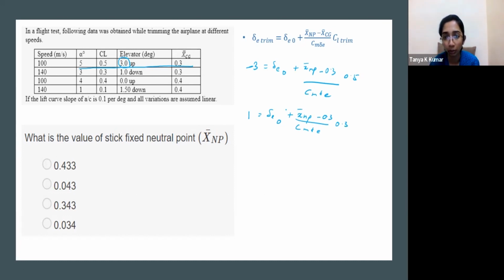Okay. So now we solve these two equations. You subtract these equations and you get a relationship between X bar NP and CM delta E, right? Am I right? Can we do that?